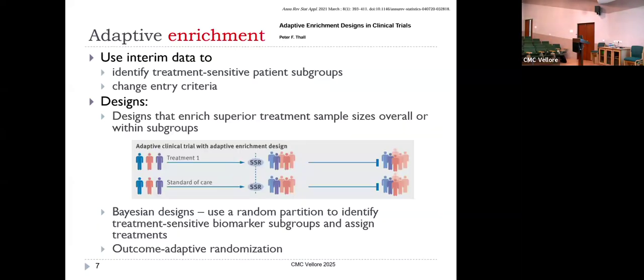But there is a chance, since it's not powered for that, that the later participants who would have received the intervention may have responded better. So this is difficult for me to swallow, because it seems premature to make this decision.